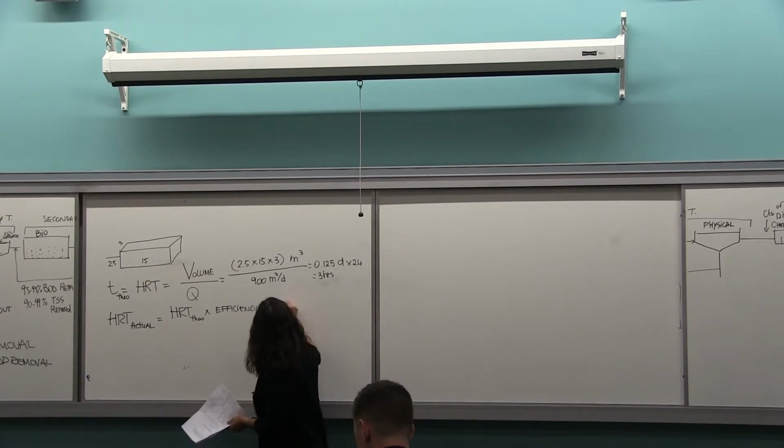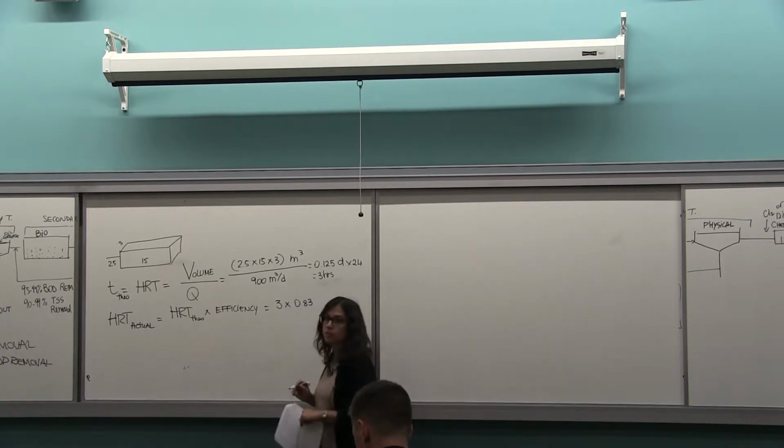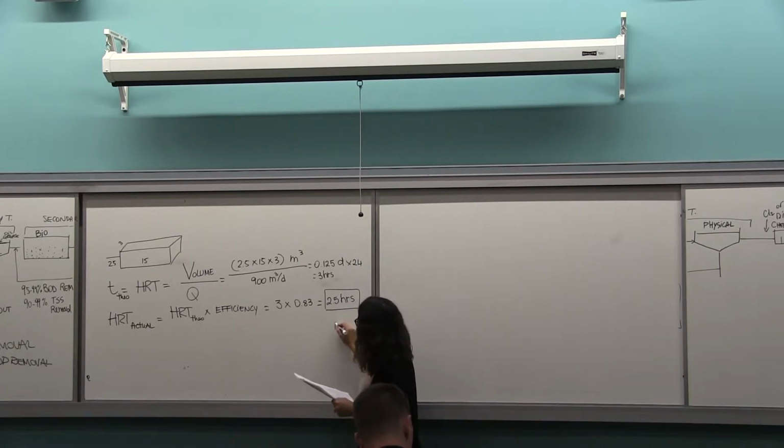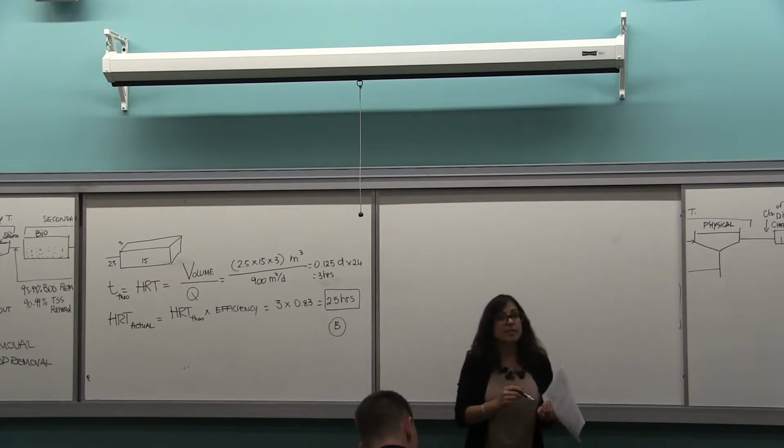We need to consider the 3 multiplied by the efficiency, 0.83, 83%. So that will give us roughly 2.5 hours, which is B, right? So it's the hydraulic residence time.